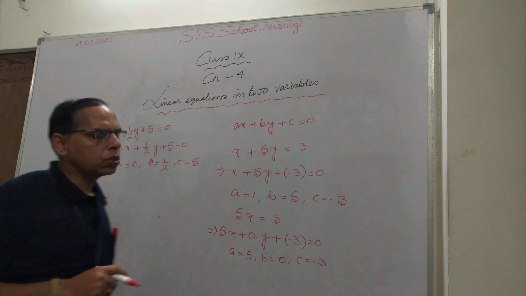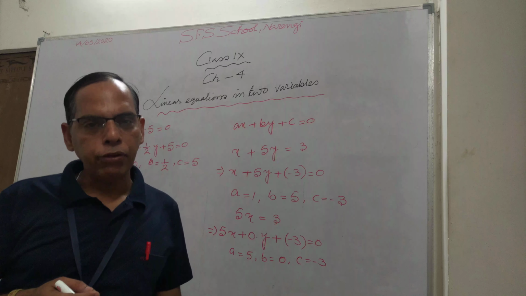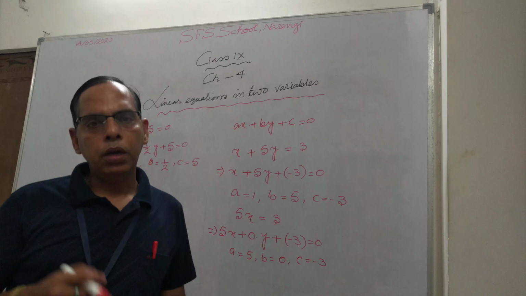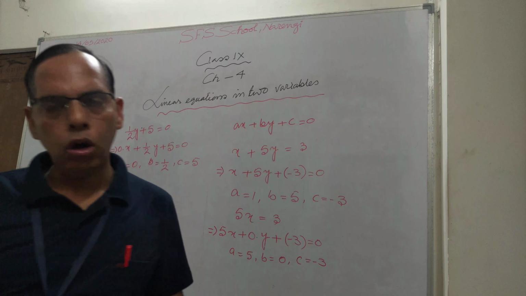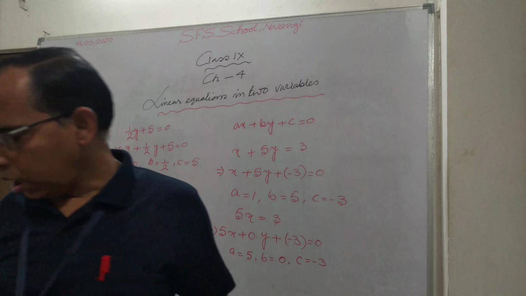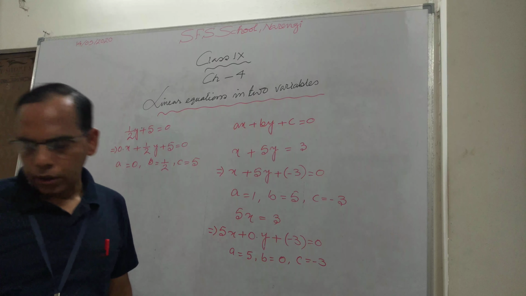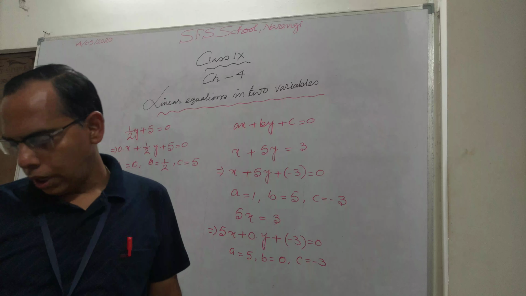Okay? So this way you can convert a linear equation into standard form, and also you can find out the coefficients of x and y, and the constant. So I will give you the homework for exercise 4.1, question number 1 and 2.